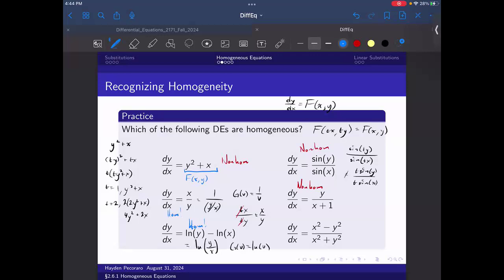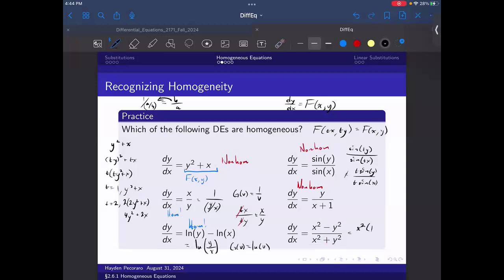So that is a reverse of the keep, change, flip rule. If you have 1 over a fraction, this ends up being b over a, because you keep, change, flip the a and the b. I just did it backwards. So I saw b over a and wrote it as 1 over a over b. All right, so now this one looks maybe a little complicated, but now if we factor out x squared from everything, what happens?